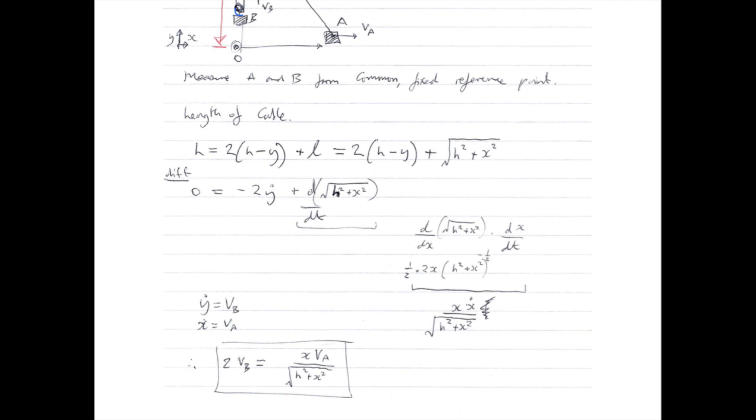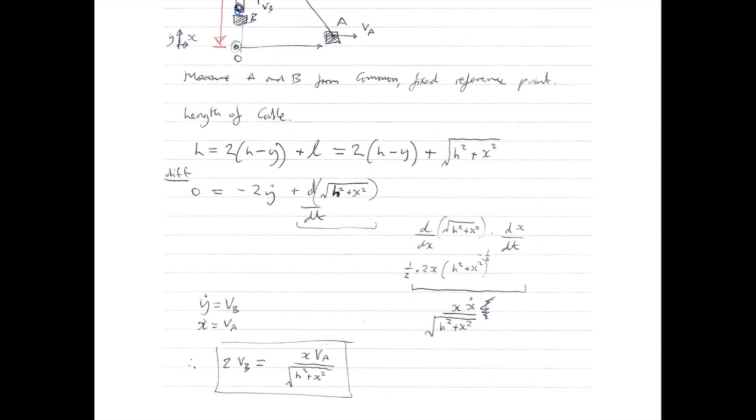So the differential of the square root of H squared plus X squared can be decomposed as a chain rule. Because this is the rate of change with time, actually we need this with respect to x, so we have d this by dx times dx dt to get it back into d this by dt.